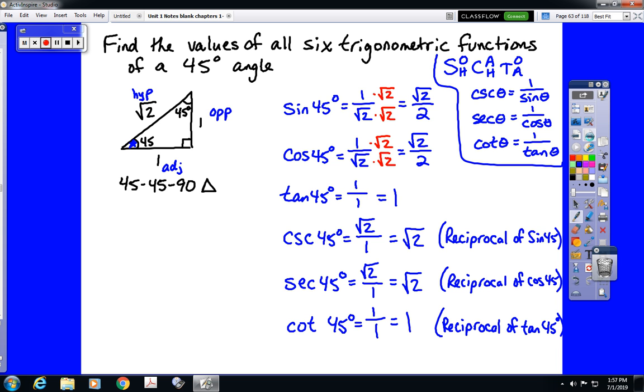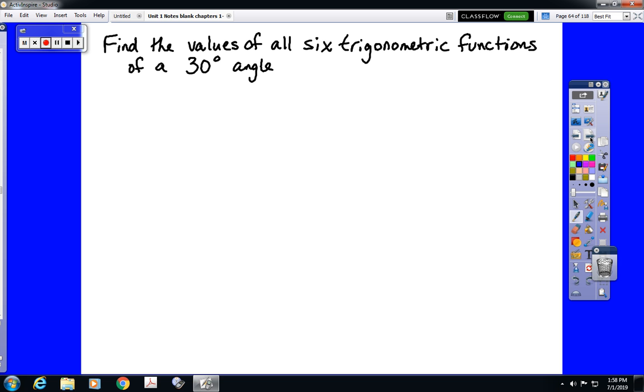Okay, let's do it again, but now we're going to do this same idea for a 30-degree angle whenever the computer decides to change the page. Okay, so now we are going to use our 30, 60, 90 triangle.